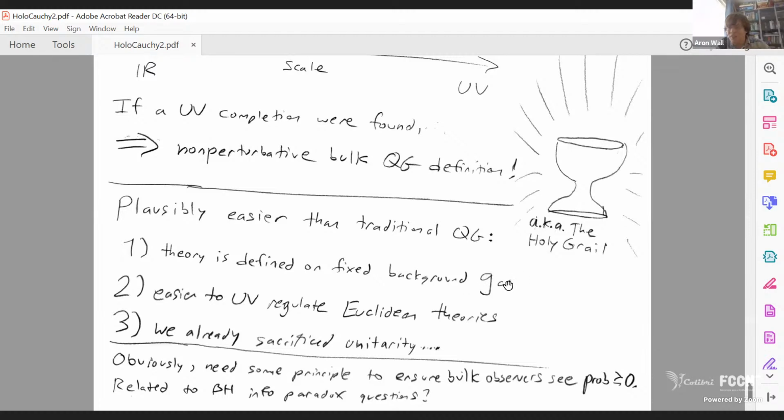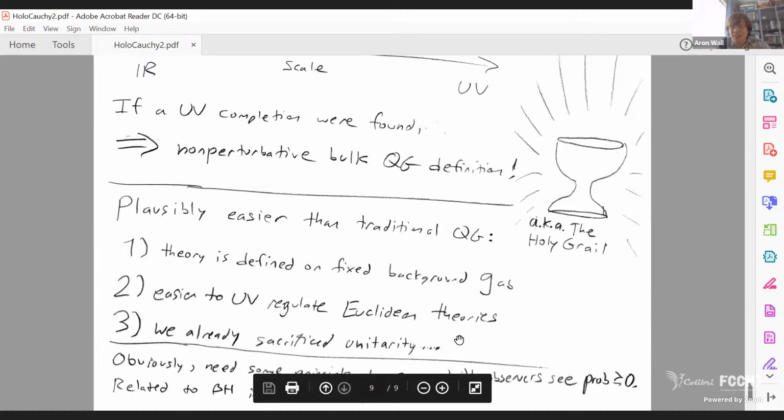So field theories that don't involve dynamical gravity are usually easier to UV complete. We wanted a Euclidean signature because Cauchy slices are Euclidean. That again makes regulators easier to impose. And a lot of regulators are not unitary, but we already sacrificed unitarity, so maybe that's not an issue either.